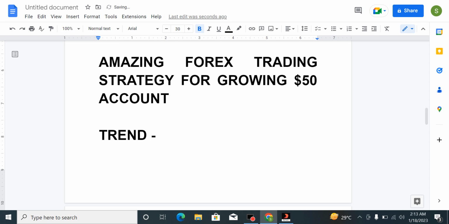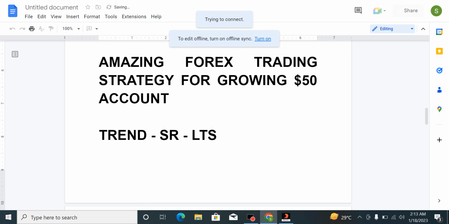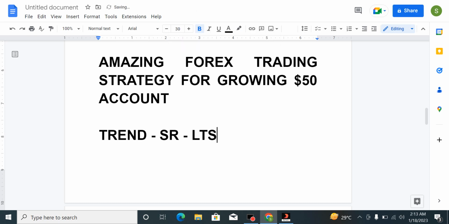Once you are very sure of the trend, then you should know your support and resistance zone very well, and you should also know a reasonable lot size to use whenever you are trading. These three things are very important. Once you are able to combine these three things together, then you will be able to milk the market for a very long time, and it is a unique way of making some cool profits for yourself at the end of the day.